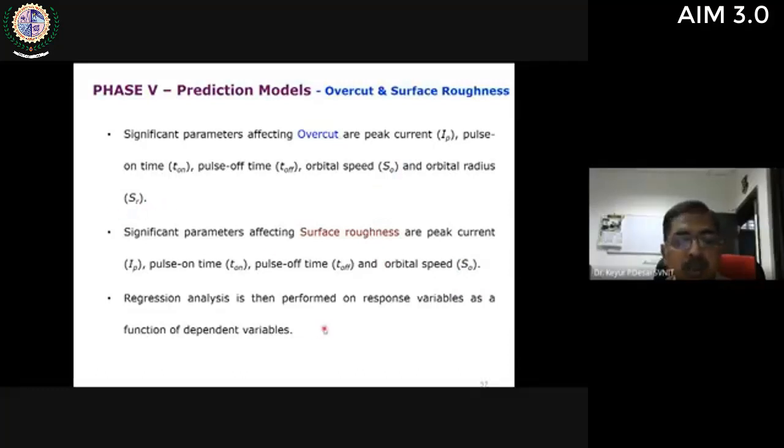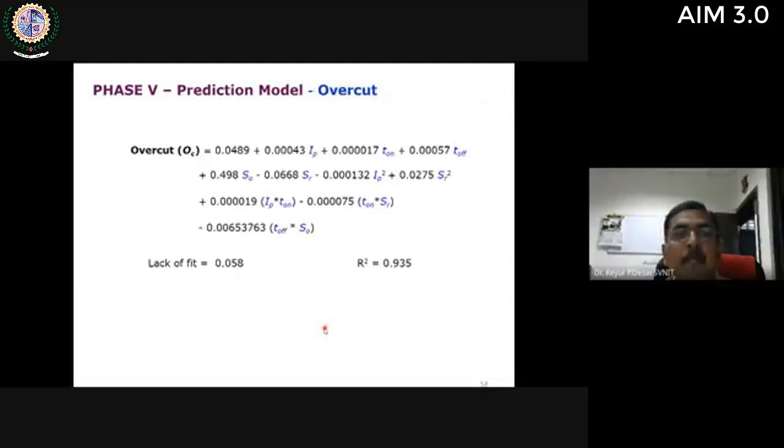The regression analysis is performed on the response variable as a function of the independent variables. And this is the equation developed for the predictive model for overcut. Here the R-square value is quite reasonable at 0.935, whereas lack of fit was 0.058.